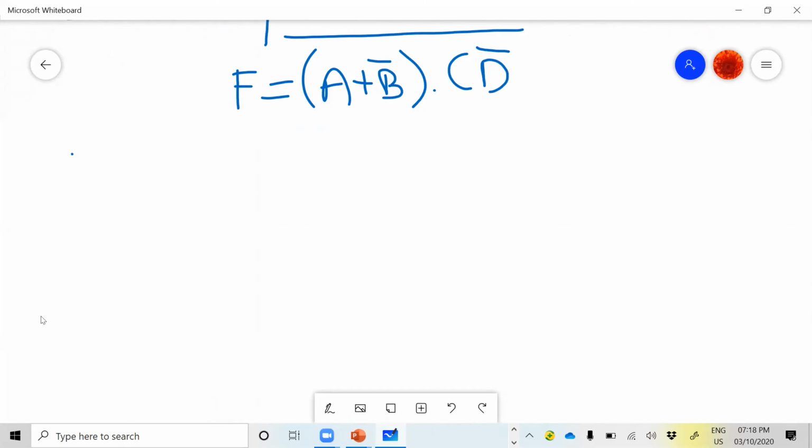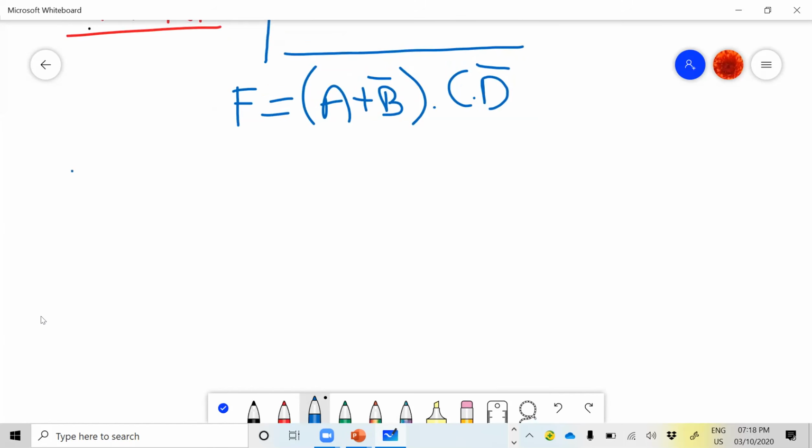Hope you remember which representation I should use. One representation for the product term, second representation for the sum term. So just look one by one. This one, which is this? OR gate. Second representation or first representation?